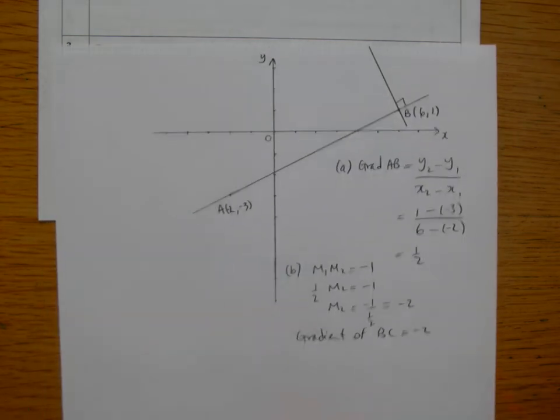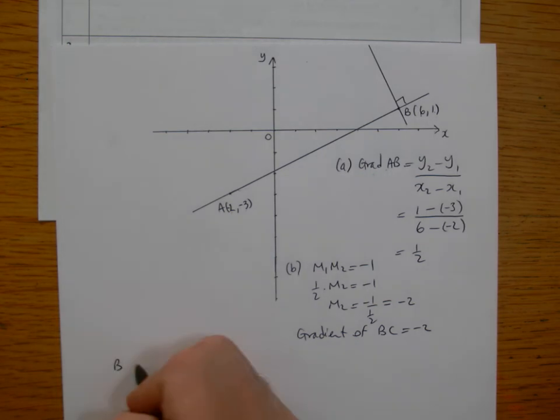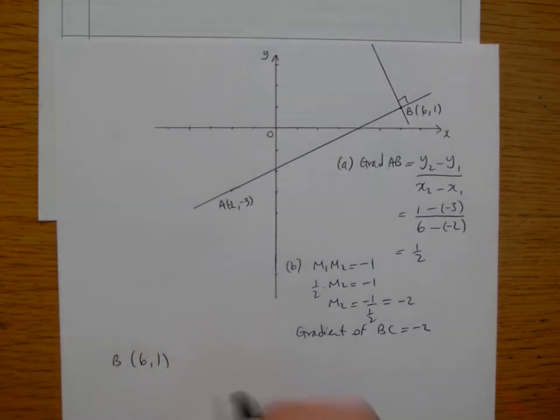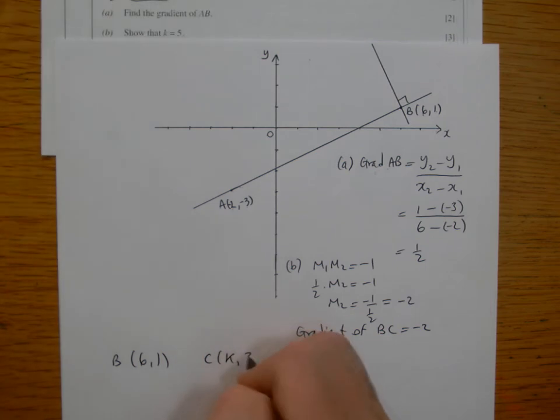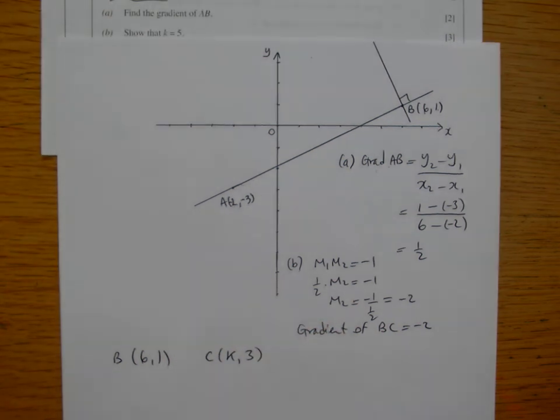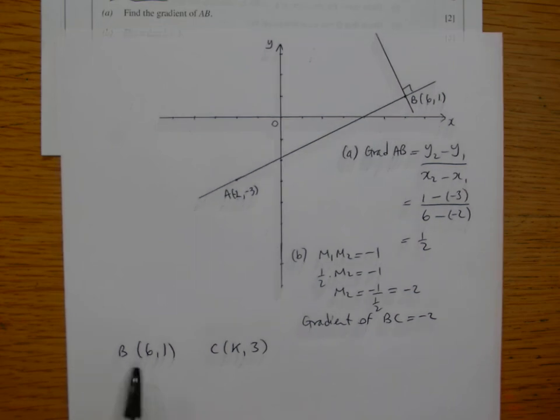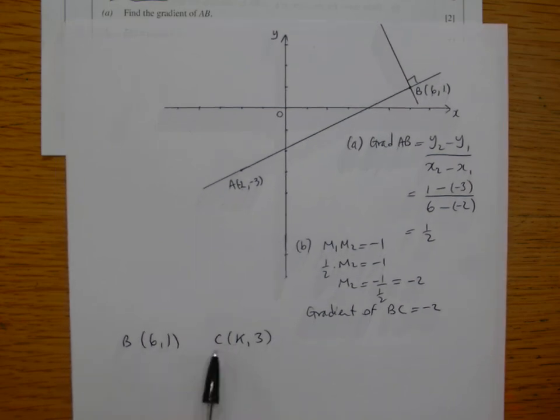Well, why is that important? Well, we know B to be (6, 1). And we know C to be (k, 3). If I know two coordinates here, I connect them to the gradient.